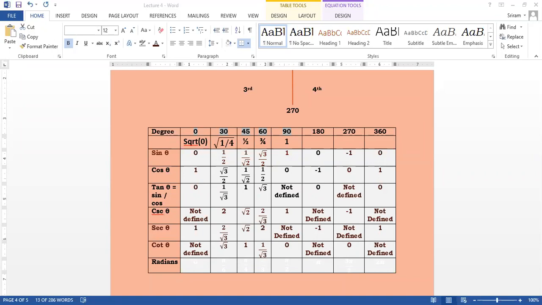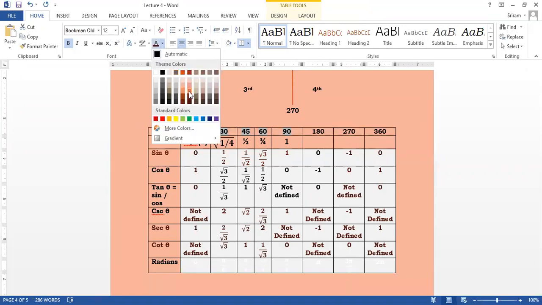Here, what we have done, we have defined the values in degrees. This 0, 30, 45, 90, 180, 270, 360 are called degrees.